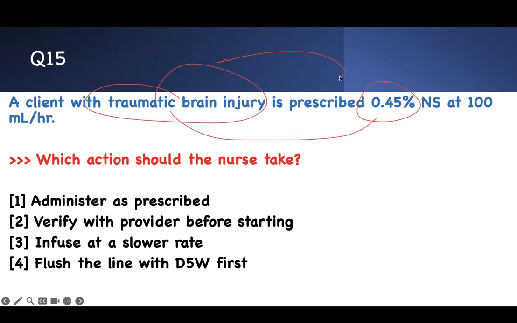Are they friends? Are they supposed to be together? If they're not, then you have to question. If they are, then you pick an answer related to them being together. Brain injury should avoid hypotonic fluid. Therefore, since they don't agree, I know the right answer. Number 2 is your right answer.